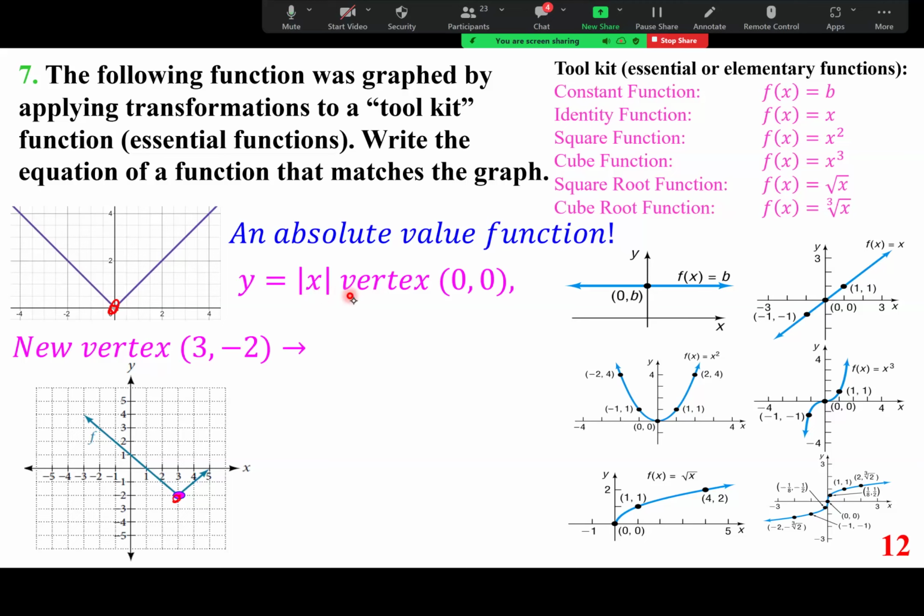But anyways, if we want to go with the general format, y equals a times absolute value of x minus h plus k, we're going to replace the h with 3 and k with -2.